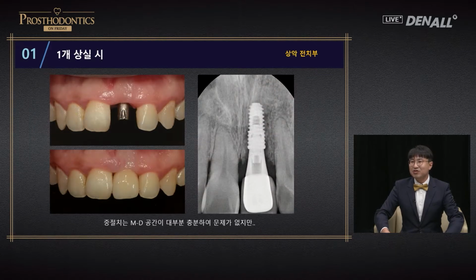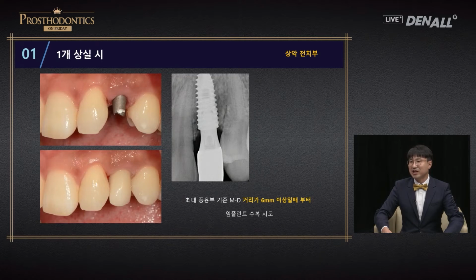In the case of anterior upper central incisor, in most cases, MD space is sufficient. However, in the case of lateral incisor, things become more complicated. I make an attempt if the distance between height of contour is over 6 mm. In the case of 5.9 mm, I forgo bone level implant placement.